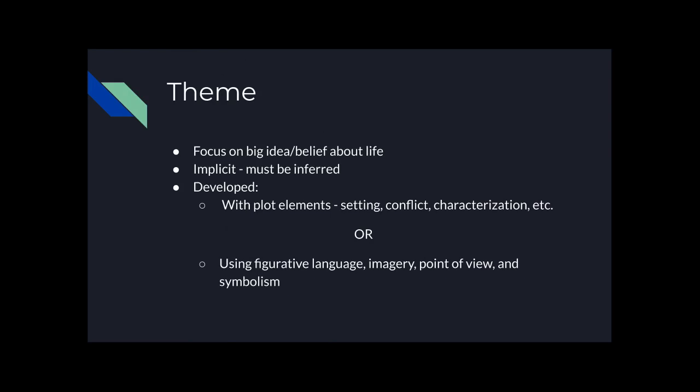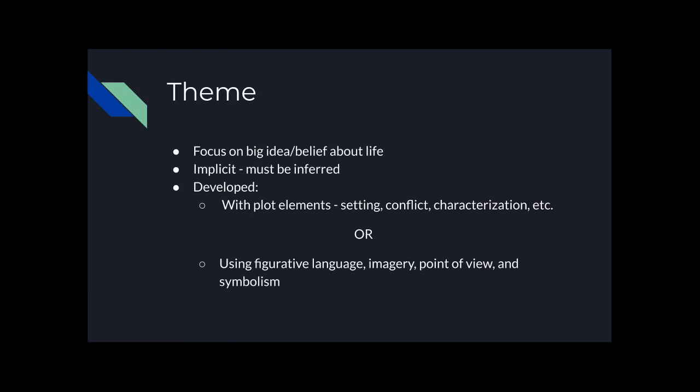As a general rule, the theme will always focus on a big idea or belief about life. As stated before, the theme is almost always implicit. We will need to make an inference to determine what it is.